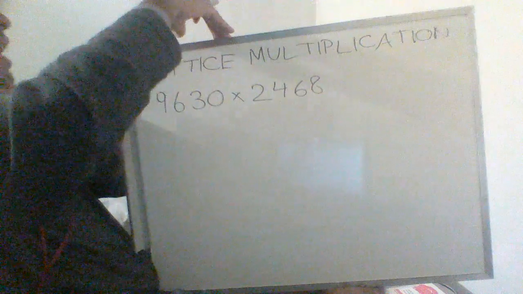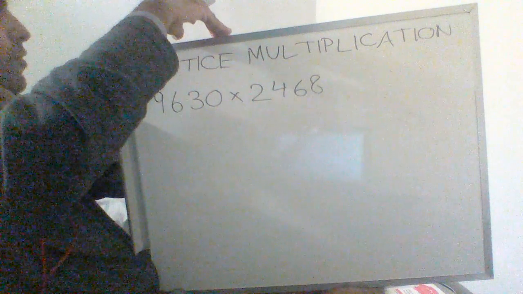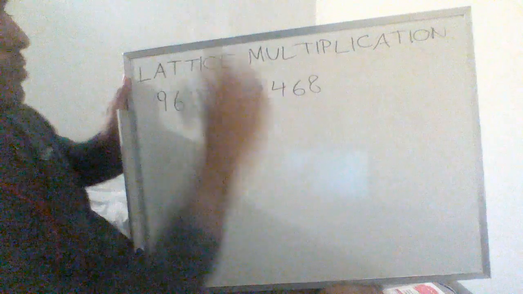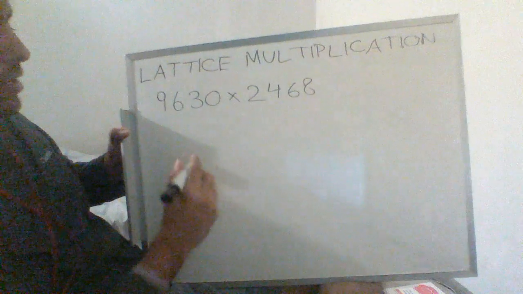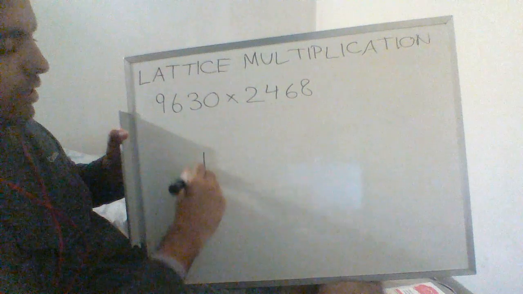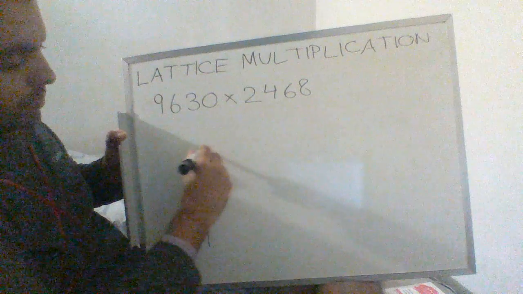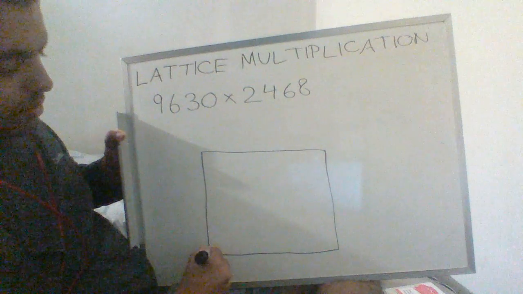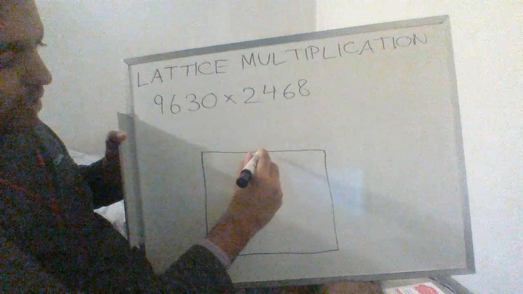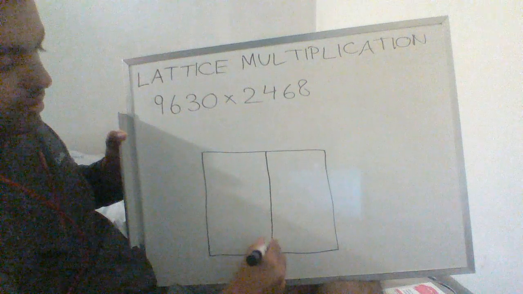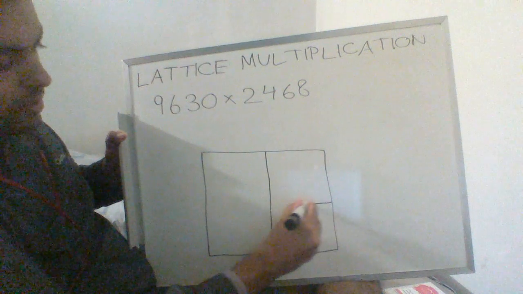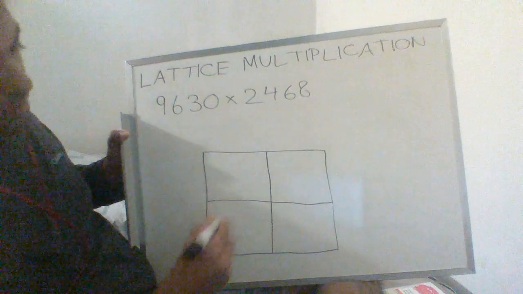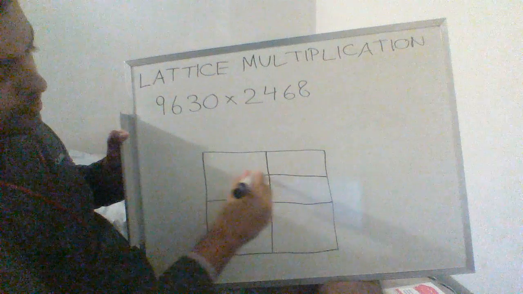So 9630 times 2468, just two numerical patterns there, and we're just multiplying those together. So we're going to have to build a fairly large box. Or you could just build a regular size box, and then the squares will have to be really small inside. So I'm going to try to make this as evenly sized as possible.